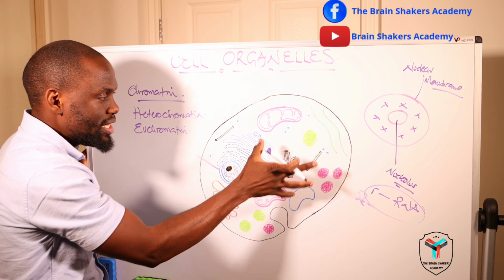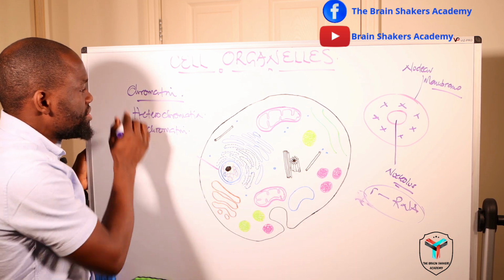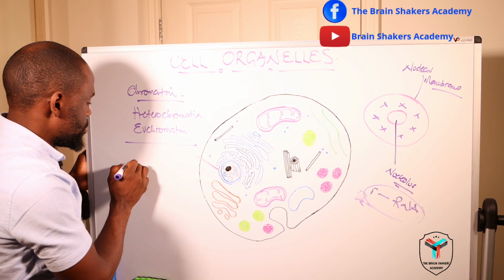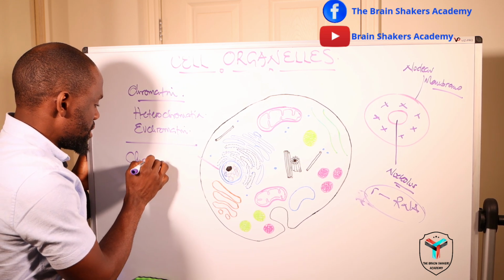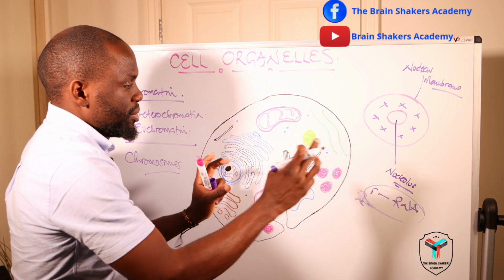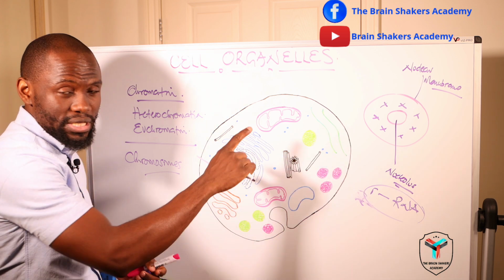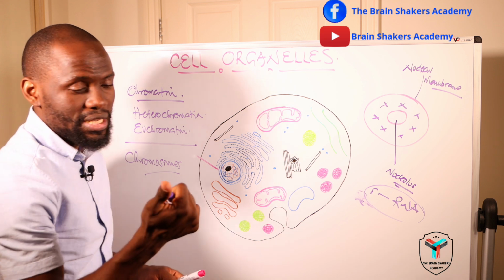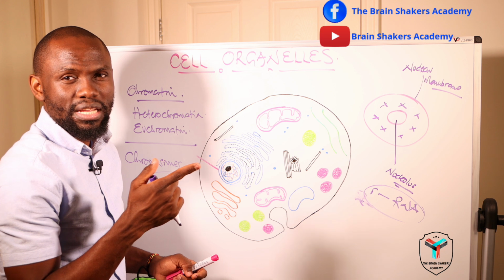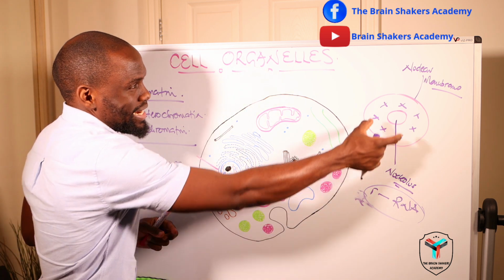But when the cell gets into the active cell division stage, then the DNA material that is within the nucleus is going to be expressed as the chromosomes, getting ready for the separation or the entire process of cell division. And I have looked at cell division where I look in-depth at mitosis and meiosis as well. And if you have not yet seen that video, you can find that on the YouTube channel, which is the Brain Shakers Academy.